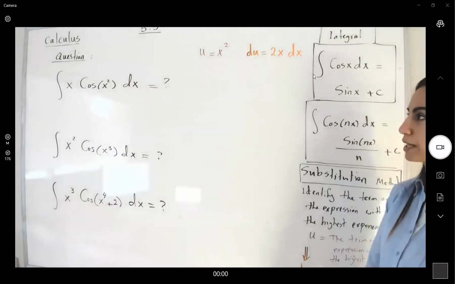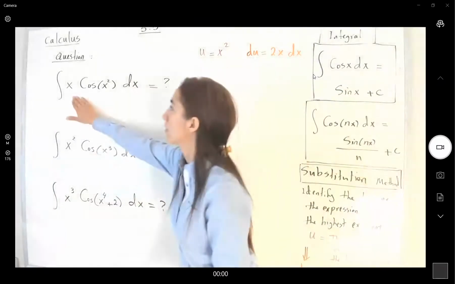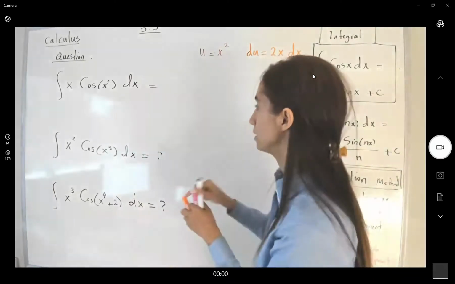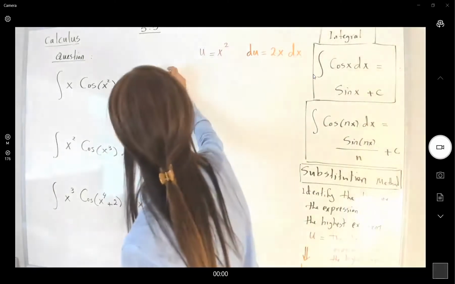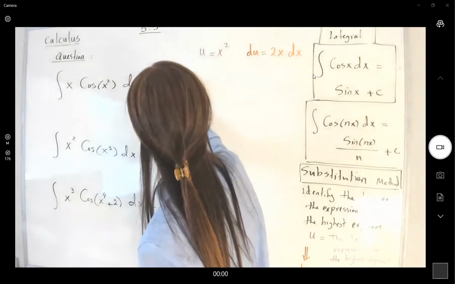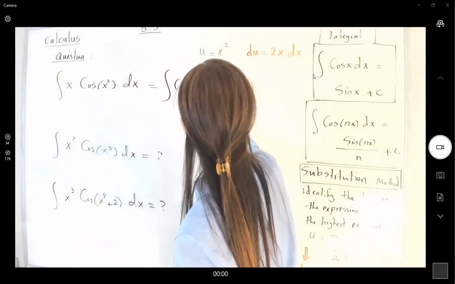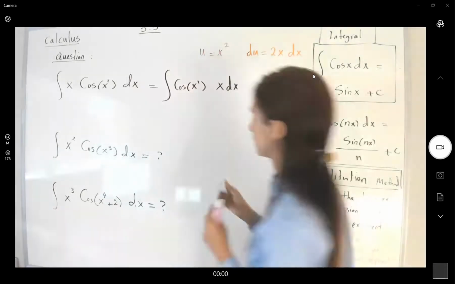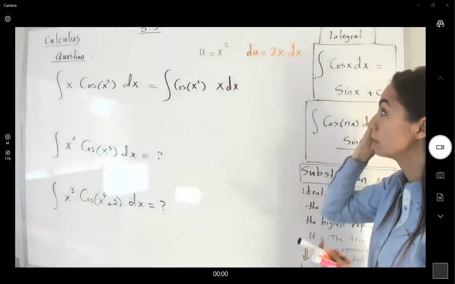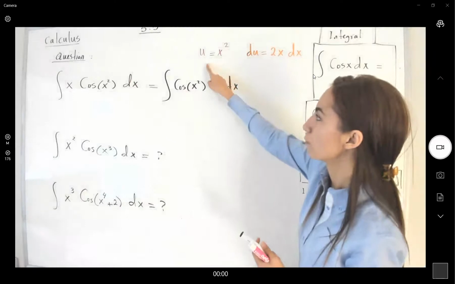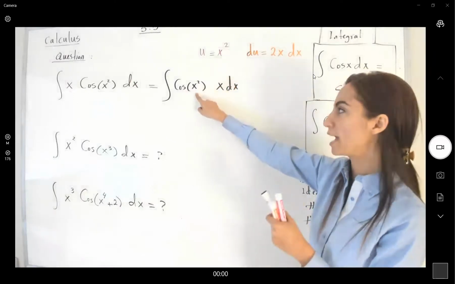Think about it this way. This integral is equal to the integral of cosine of x squared times x dx. Well, what do I have? I have my u, which is x squared.